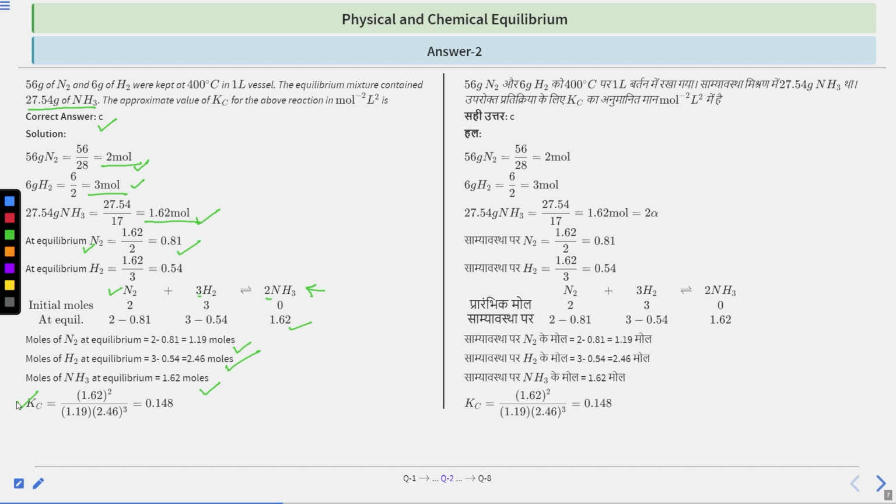Hence the equilibrium constant Kc for this reaction comes out as 0.148, and thus option C is the correct answer.